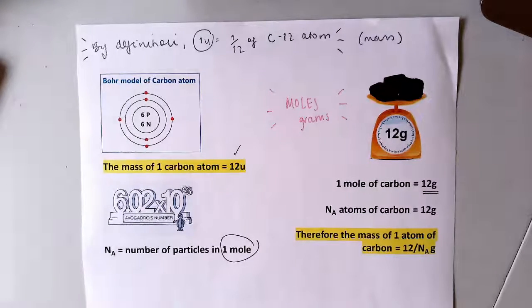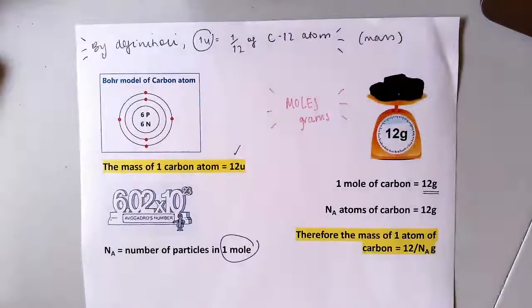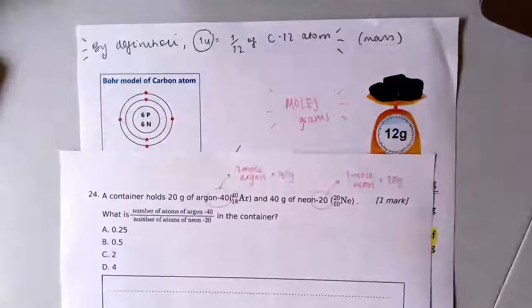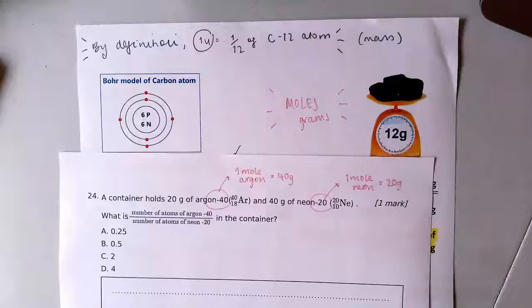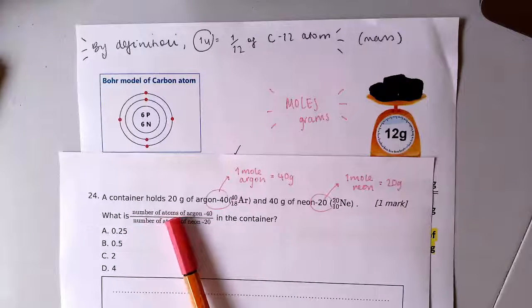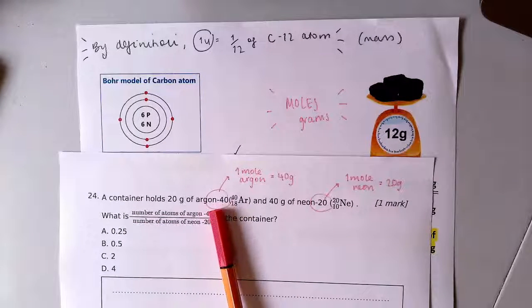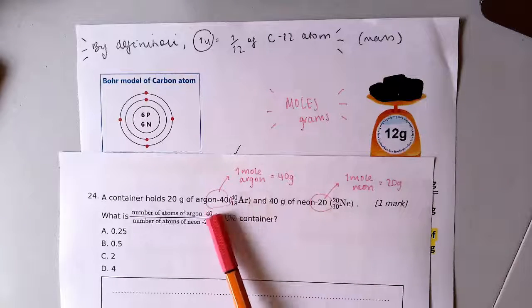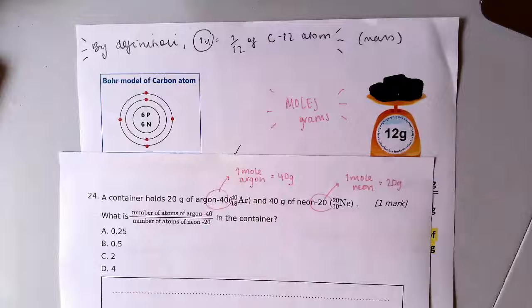I'm just going to illustrate 2 more examples of how we might find the mass of 1 mole of a substance by giving you another IB question. This is a paper 1 question. It says a container holds 20 grams of argon-40 and 40 grams of neon-20. Our nucleon number, so the total number of protons and neutrons, tells me my molar mass.